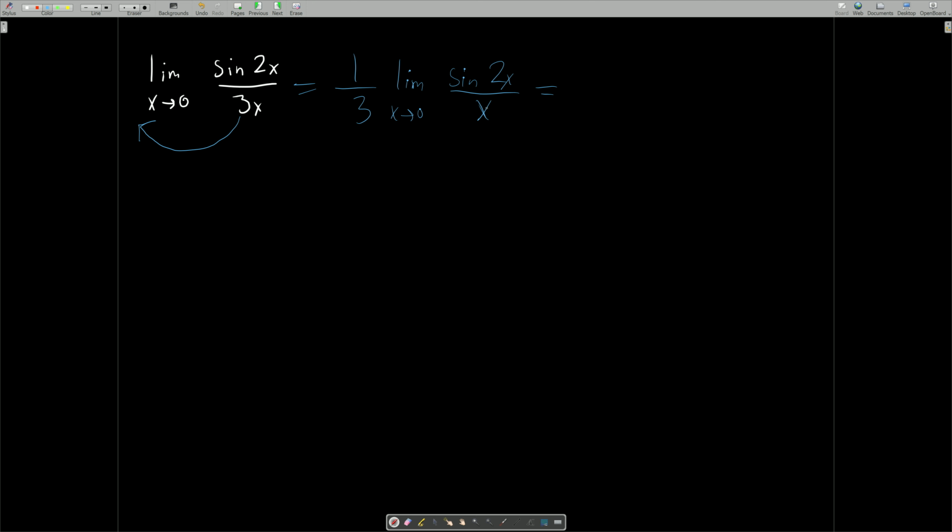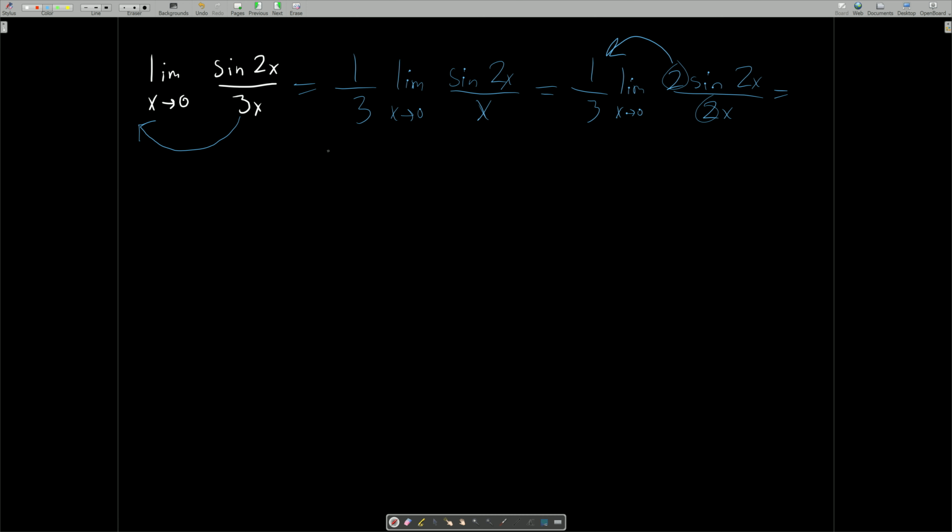Still not done yet, because we want this x and this 2x to be the same. To get this x into 2x, you multiply it by 2. Since you're multiplying the x by 2, you also multiply the top by 2 as well. So you get 2 sine 2x over 2x. You see we multiplied by 2 here. You can take this 2 now and move it outside.